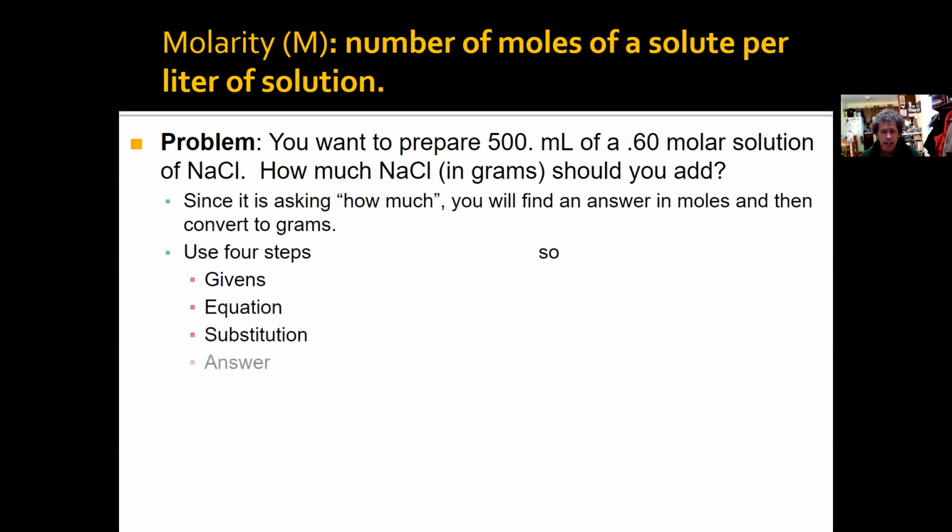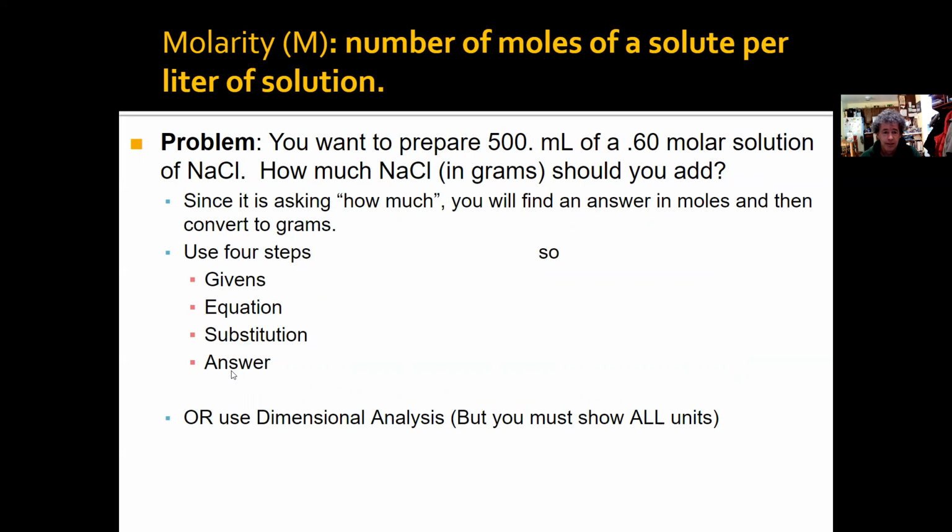And there's a couple of ways you can actually solve this. Say you had a problem where you wanted to prepare 500 milliliters of a 0.60 molar solution of NaCl. How much NaCl in grams would you add? You can use the four-step process that you hopefully learned in physics, where you write down your givens.